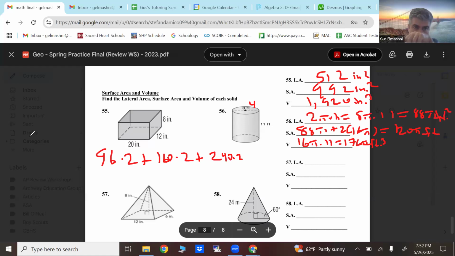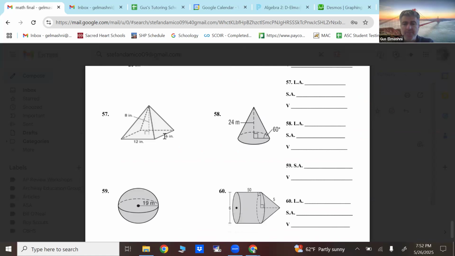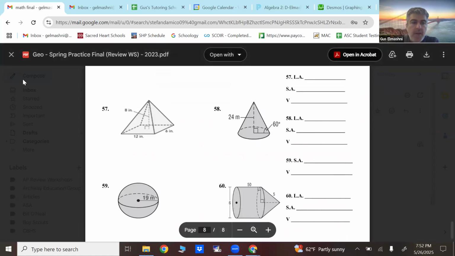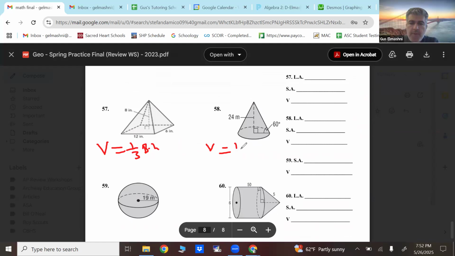Okay. And then, for a pyramid, let's get the volumes out of the way first. So volume here is 1/3 base times height. Here is 1/3 pi r squared h, which is kind of the same thing because the base is a circle.